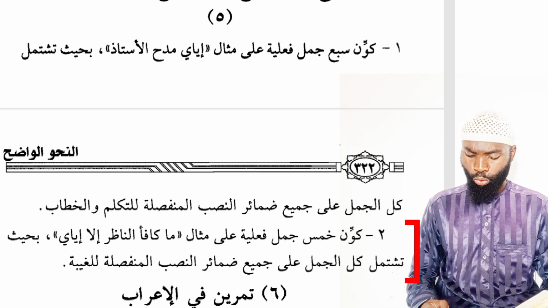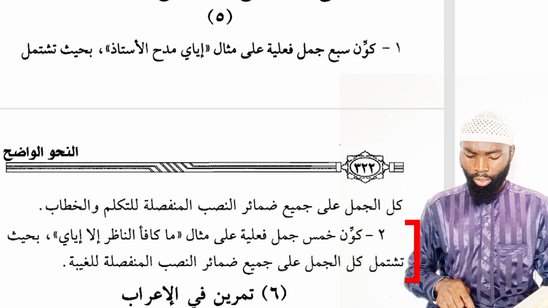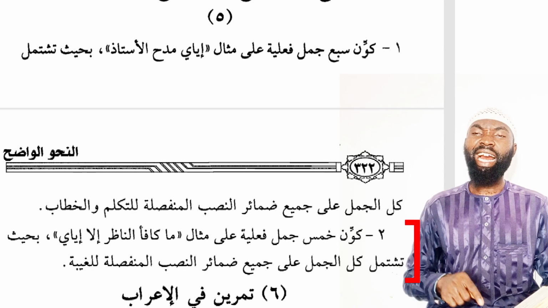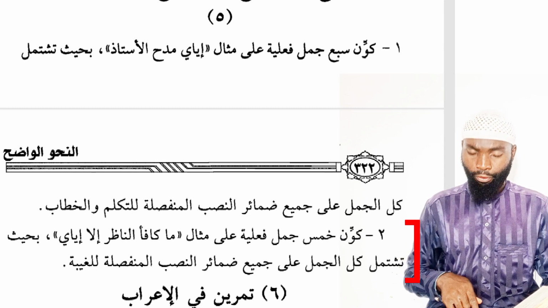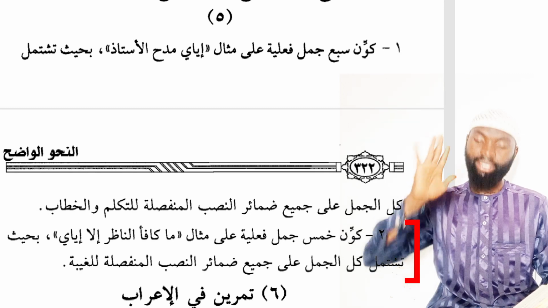Such that all the sentences include all the detached accusative pronouns for the third person. So that all of the pronouns will be used, each of them should have the pronouns which are in the accusative, this iyaya, for the al-ghaiba, for the third person. So that's why to form 5 sentences.